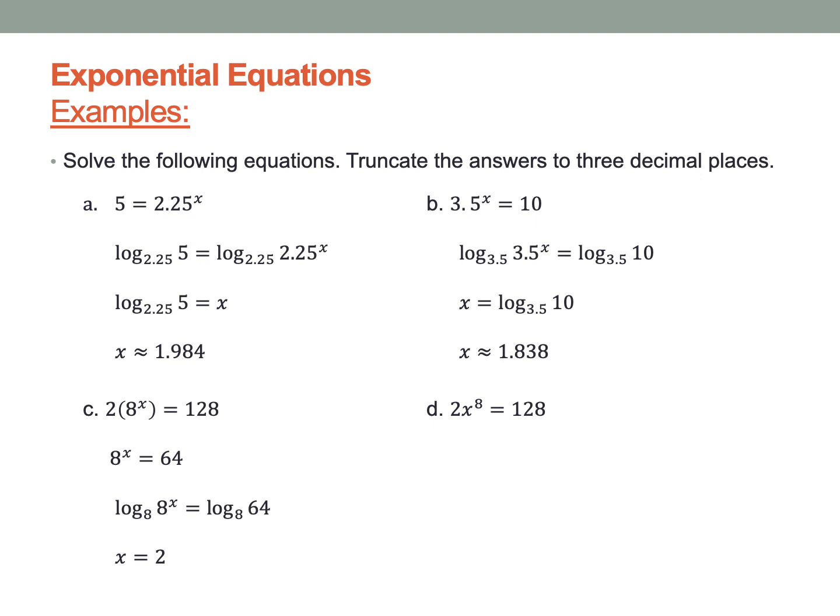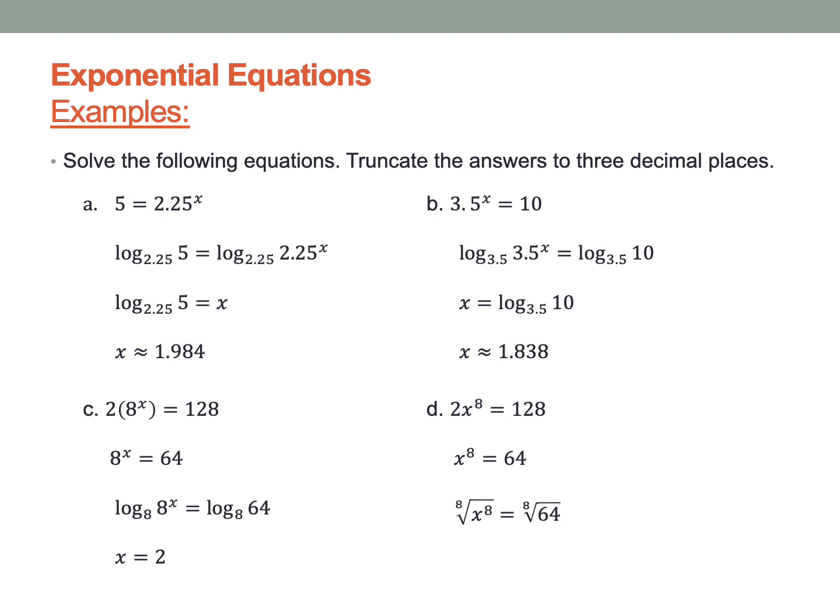Logarithms will work every time. But when x is in the base of the exponent, you do not need to solve with logs. So you just divide by 2, and then to undo the exponent there, you just take that root. So it's the 8th root of both sides.